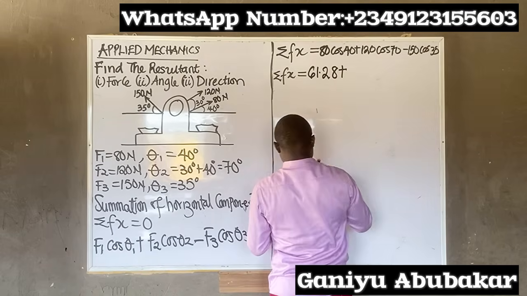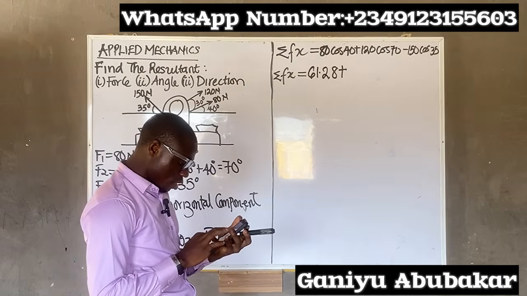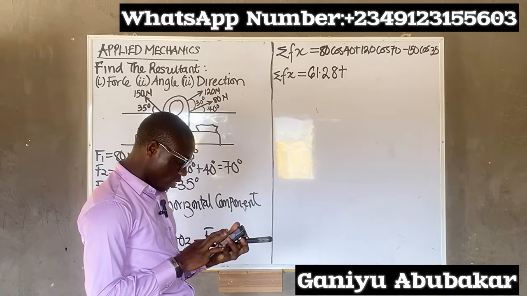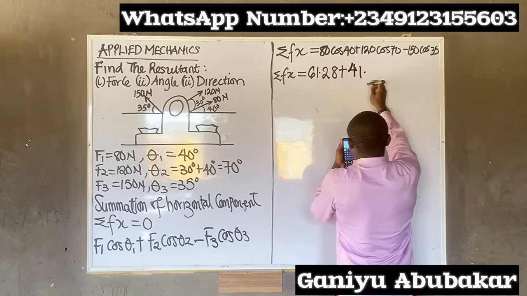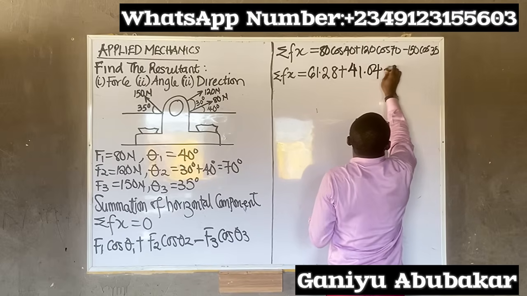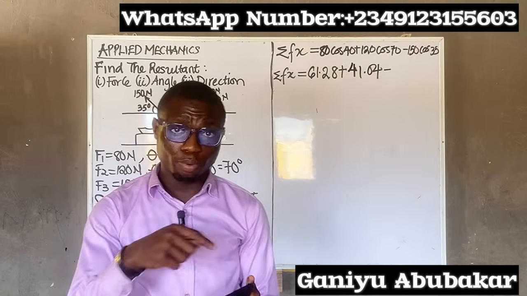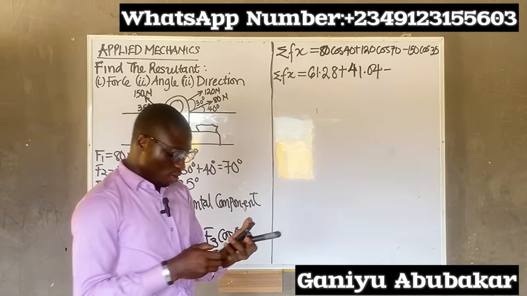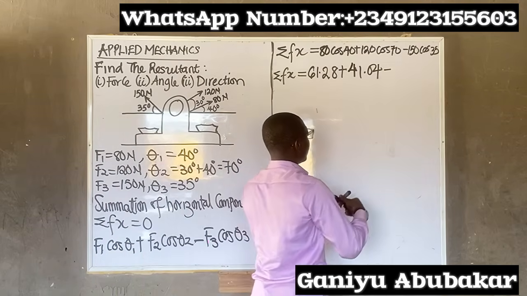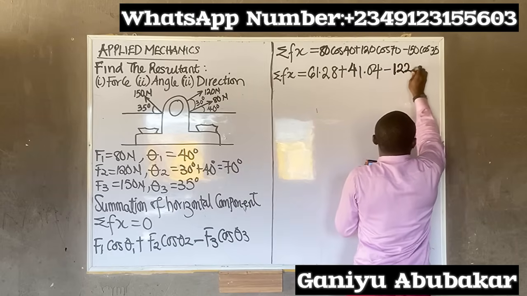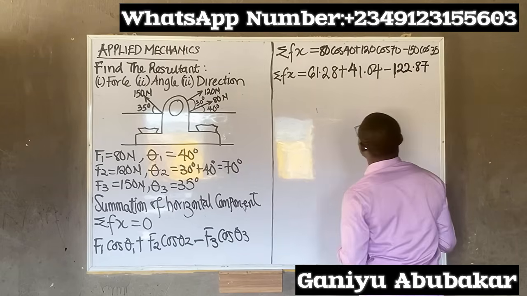Next, plus 120 cos 70, which gives you 41.04. Next, minus 150 cos 35. Please, as I'm punching, punch your own too. This is of course 122.87.